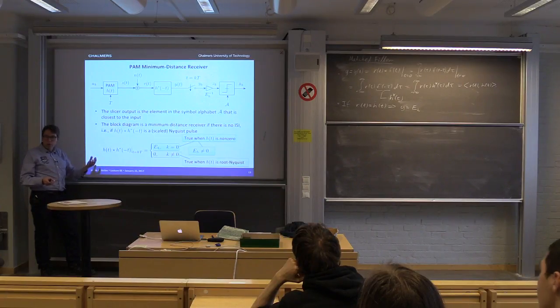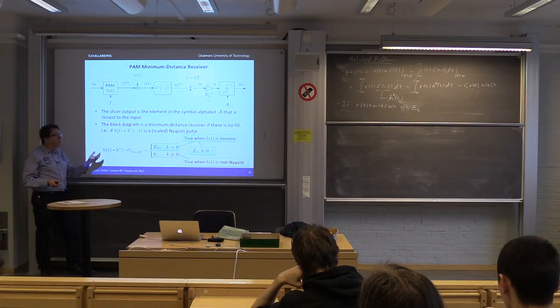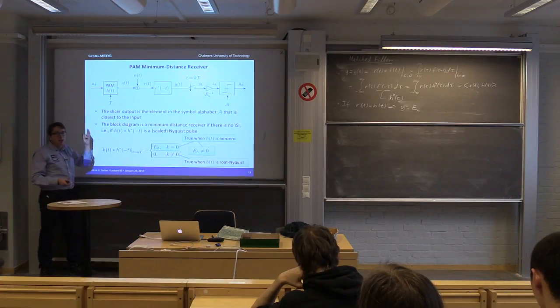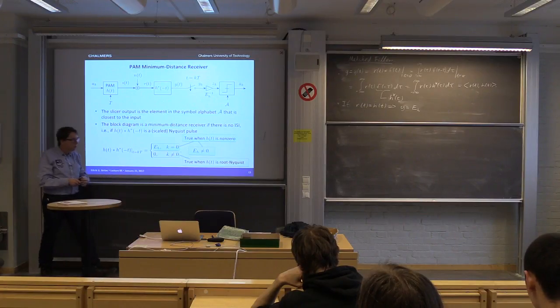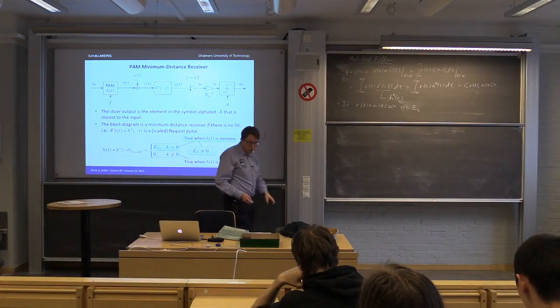And when we know how to do that, we can easily extend it to take care of decoding any other symbol where k is not equal to 0. But we will start with k equals 0. And this is known also as the one-shot receiver.